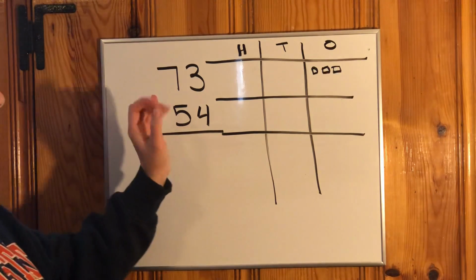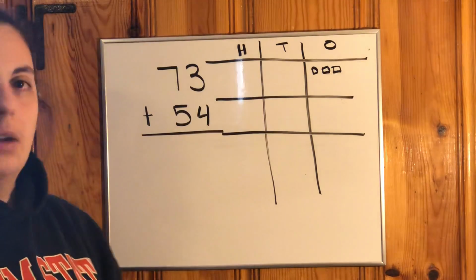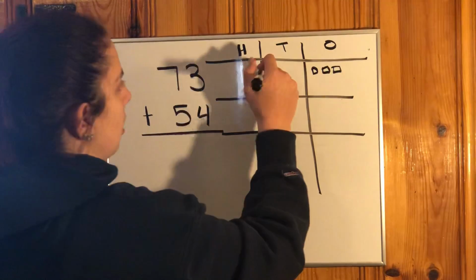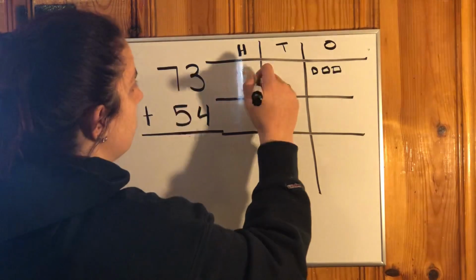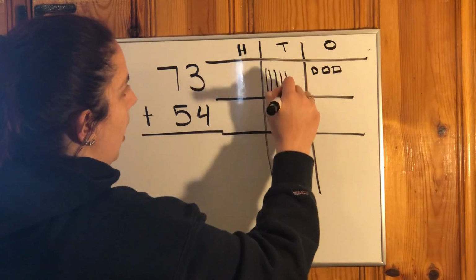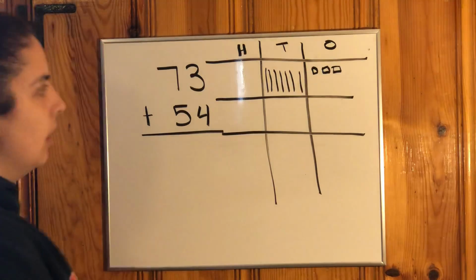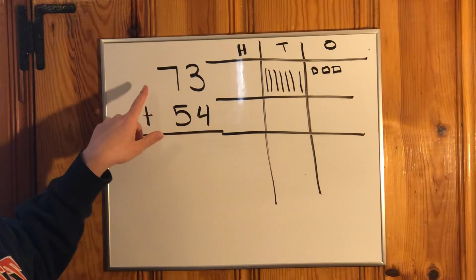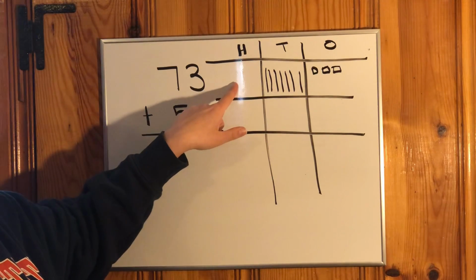Because 7 is a lot and I don't have much space here, I'm going to draw long sticks, and those will be my tens rods. We did this in class also. So 1, 2, 3, 4, 5, 6, 7. 7 tens. Is there anything in the hundreds place? No. So do I need to put anything in here for 73? No.